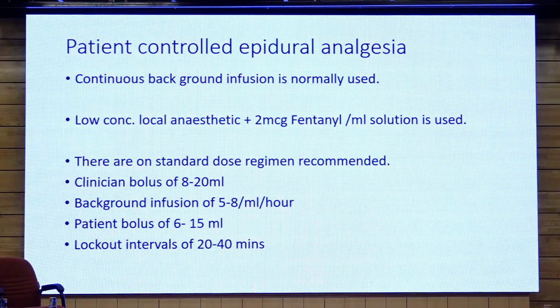Unlike IV PCA, in patient-controlled epidural analgesia, a continuous background infusion is normally used. This is basically done to maintain the segmental sensory block. Low concentration local anesthetics such as 0.1% bupivacaine, levobupivacaine, or 0.1% ropivacaine with 2 mics of fentanyl is the common solution that is used.